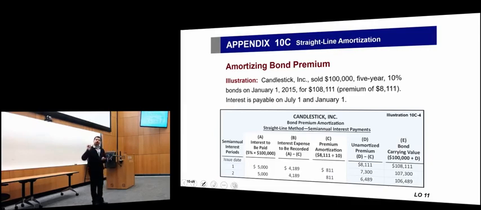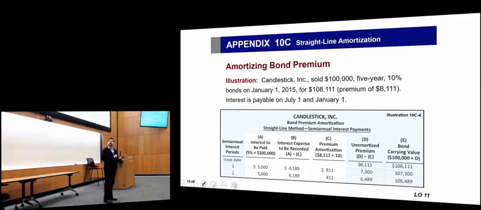Now, as you can see, in this case, the carrying value will start high, and then it will start decreasing until it reaches face value at maturity. Once again, this is why the company, when they retire a bond at maturity, whether it was sold originally at a premium or at a discount, will always pay face value, because of the amortization of premium and of the discount.